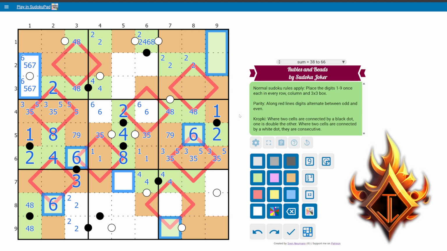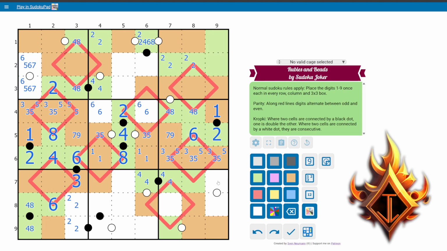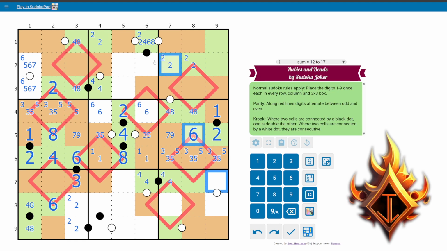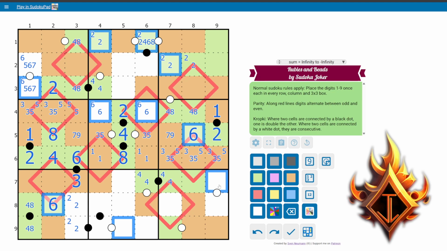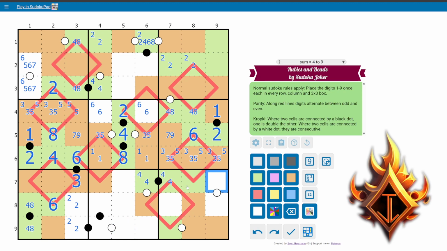Hmm. And if it went here, these would be a 2, 6 up here. All right, and that's where it breaks. So 6 is not here.